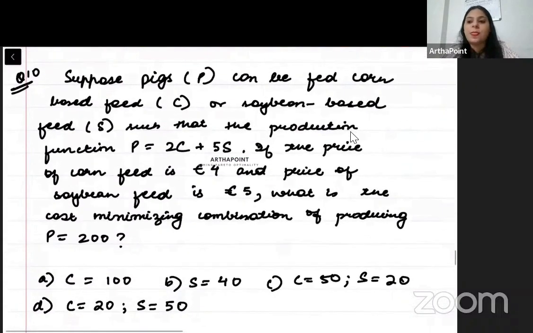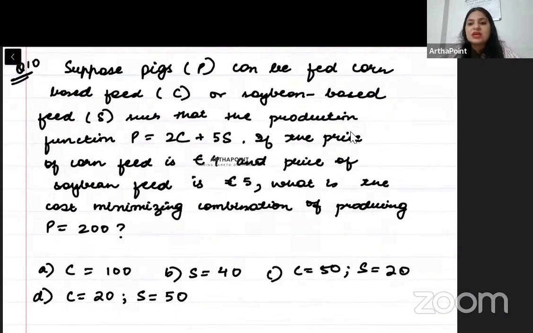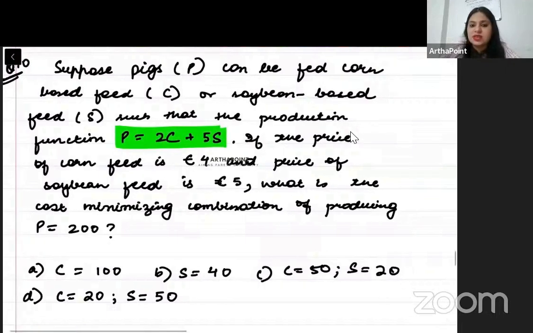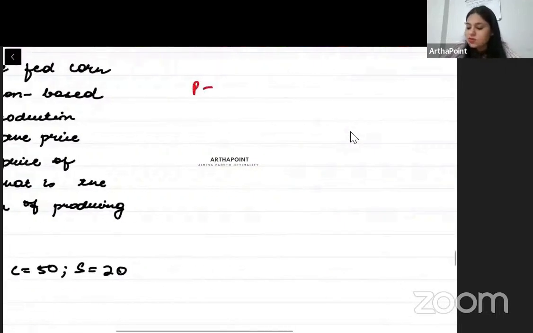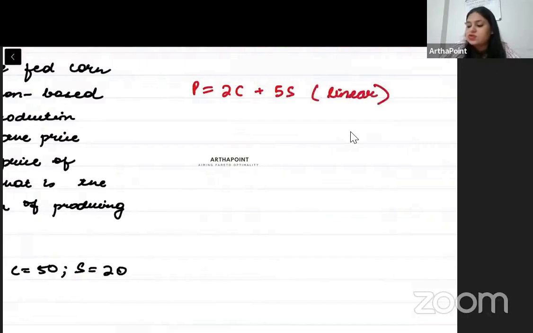Come to the next one. This is a good question. It says, suppose pigs can be fed corn-based feed or soybean feed such that the production function is P equals 2C plus 5S. This is your production function. Note that this is a linear production function.